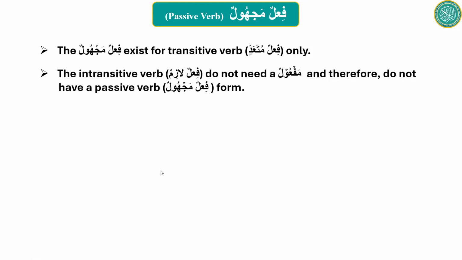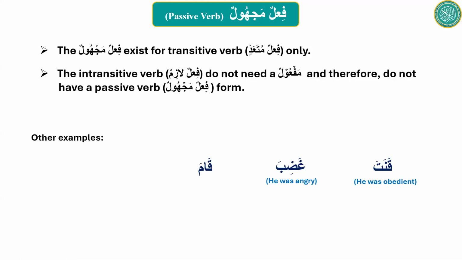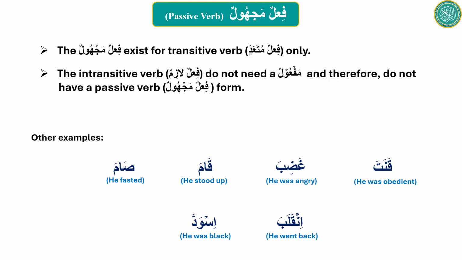And there are other examples in Arabic. These words are used in Qur'an, actually, all of them. Qanata means he was obedient. Ghadiba, he was angry. Qama, he stood up. Sawma, he fasted. Inqalaba, he went back. Iswadda, he was black.